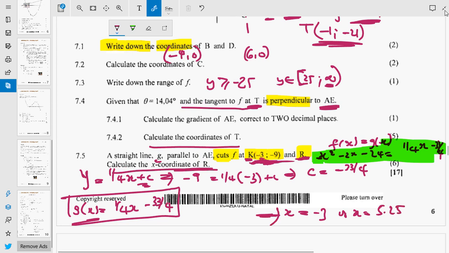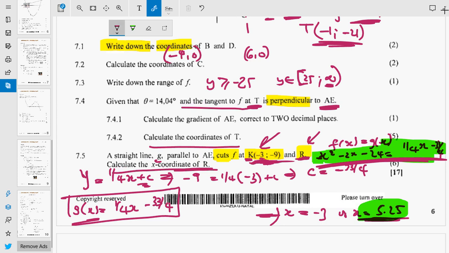-3 belongs to K, they told us, which means this other x here will belong to R. So the x coordinate of R is 5.25. As long as we are able to solve this, use the quadratic formula, then find the values of x, then you will be fine.